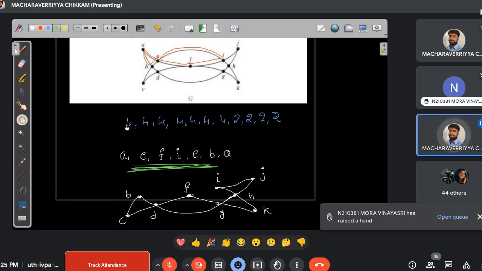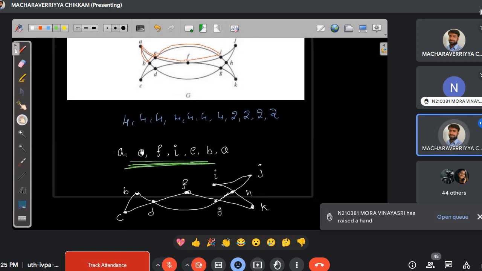Oh, E became an isolated point, so I can't think of any because that is not available here, right? But you can think of a circuit which starts at F or I. You cannot think of J. Why? Because it is not in this circuit. You cannot think of H. You cannot think of a circuit which starts at K, and similarly G, and similarly D or C.